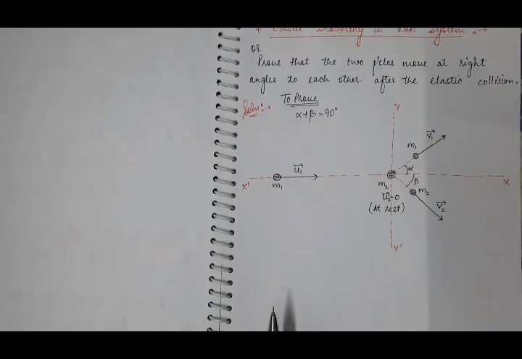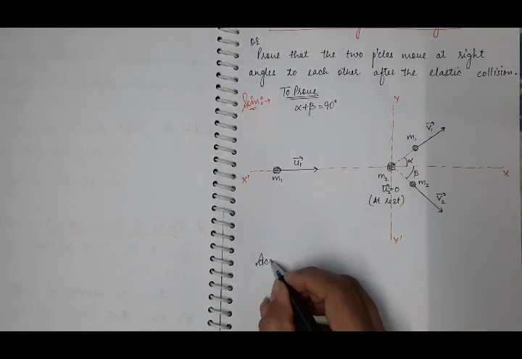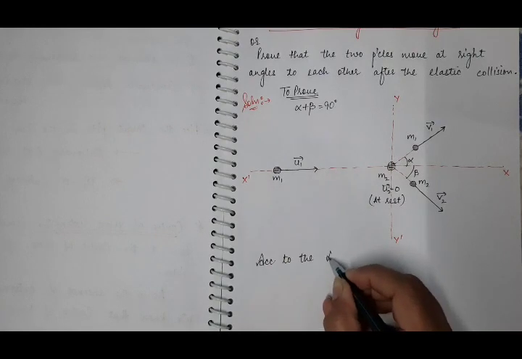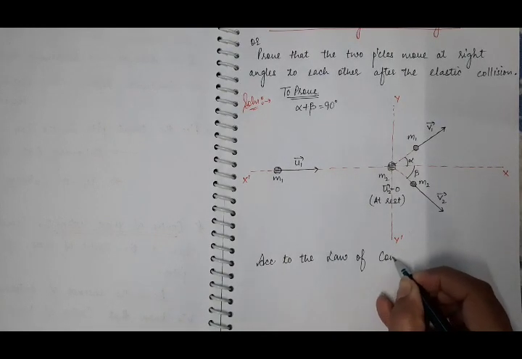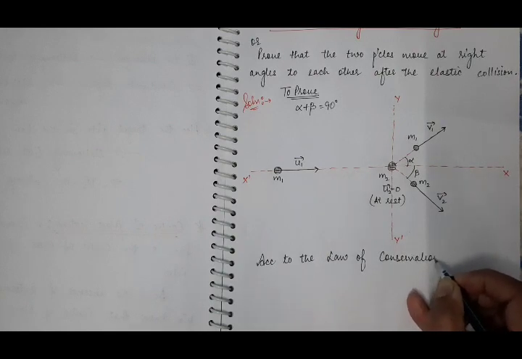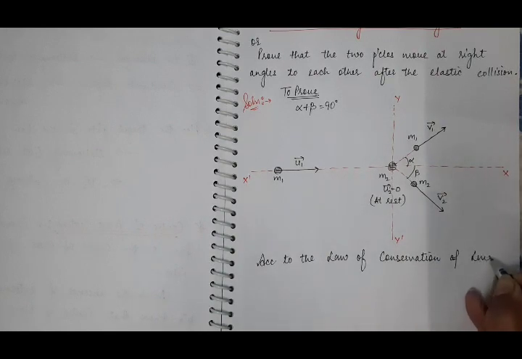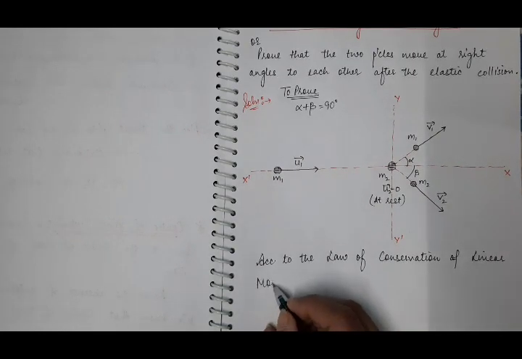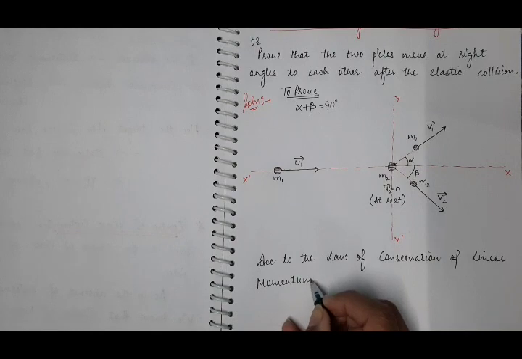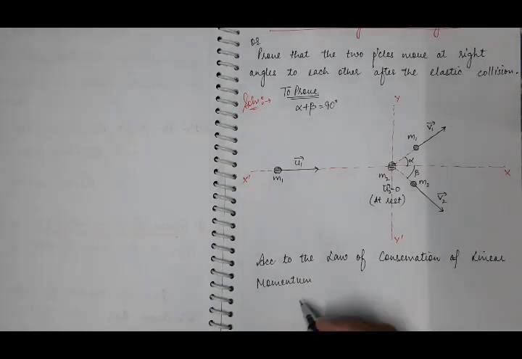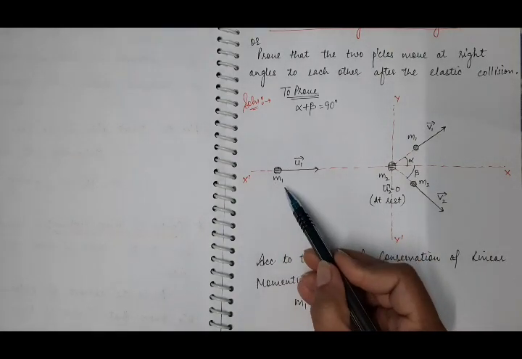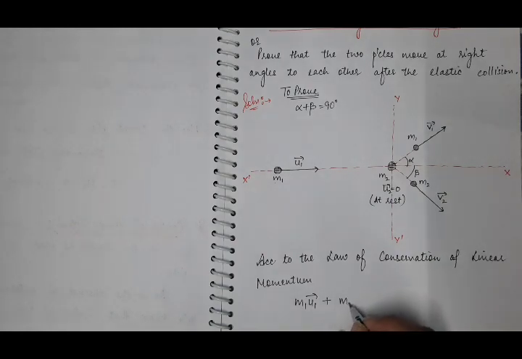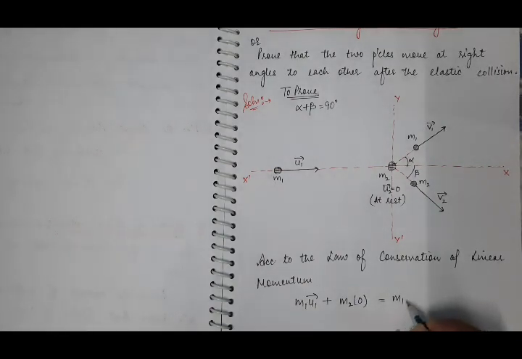Now apply the law of conservation of linear momentum. According to the law of conservation of linear momentum, what we will have? m1 u1 vector, the linear momentum of the incident particle before collision, plus the linear momentum of the target particle before collision, where u2 is 0, is equal to m1 v1 vector plus m2 v2 vector.